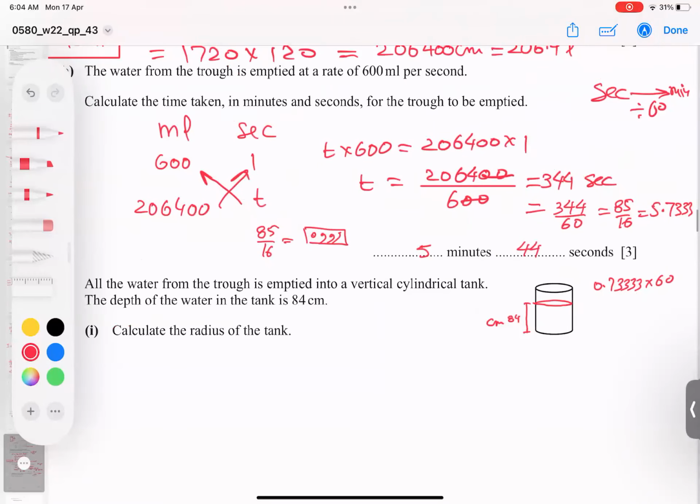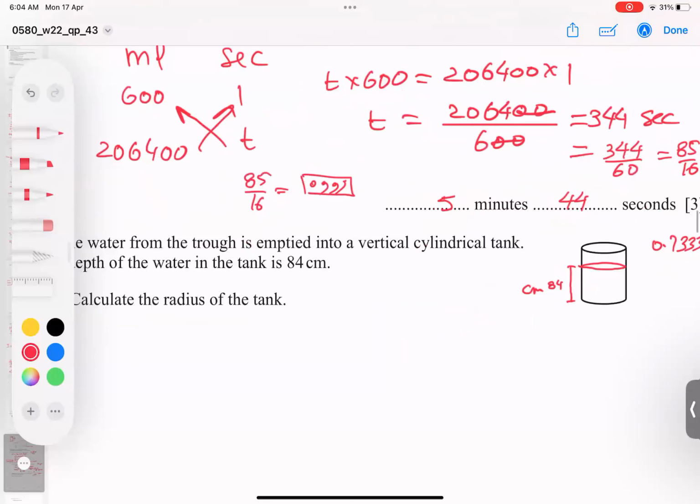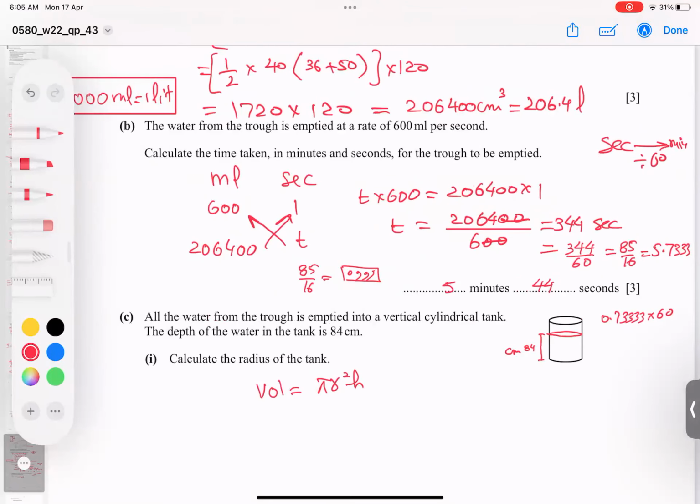So he's asking for the radius. What is the formula of the cylinder? Volume is pi r squared times h. And the volume of water in centimeter cubed is 206,400 pi, the radius is unknown, and the height is 84 centimeters.